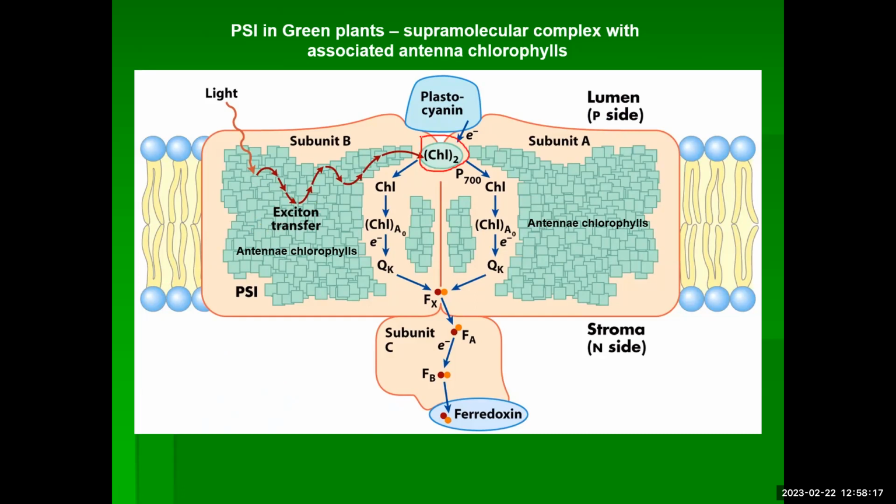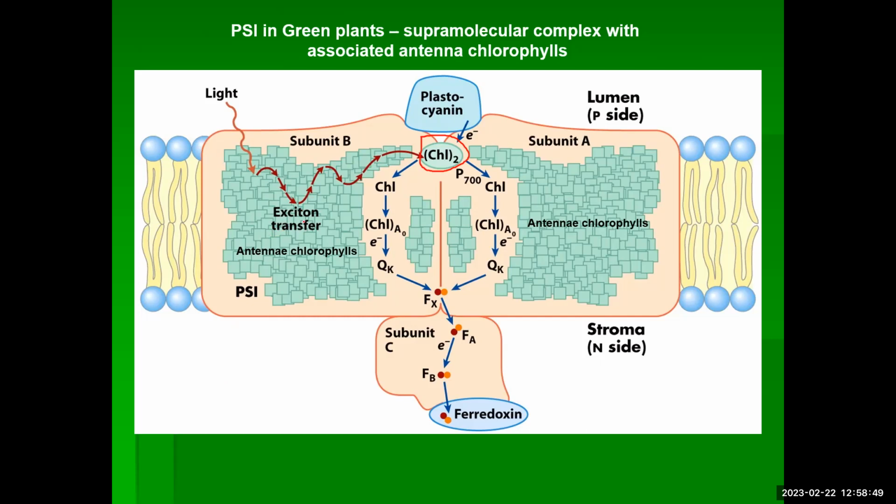You excite it, you give up the electrons to nearby chlorophylls, to pheophytins, to plastoquinones, to the ferredoxin-NADP reductase, and then to reductant here on the stroma side. So you make your reductant on the stroma side of the thylakoid.